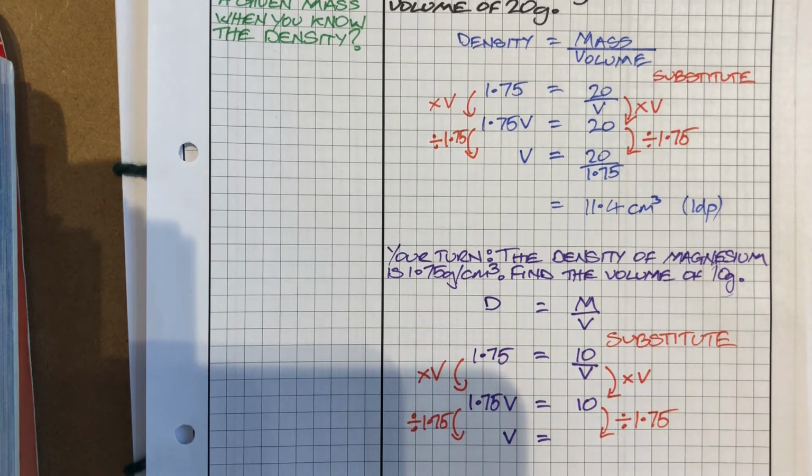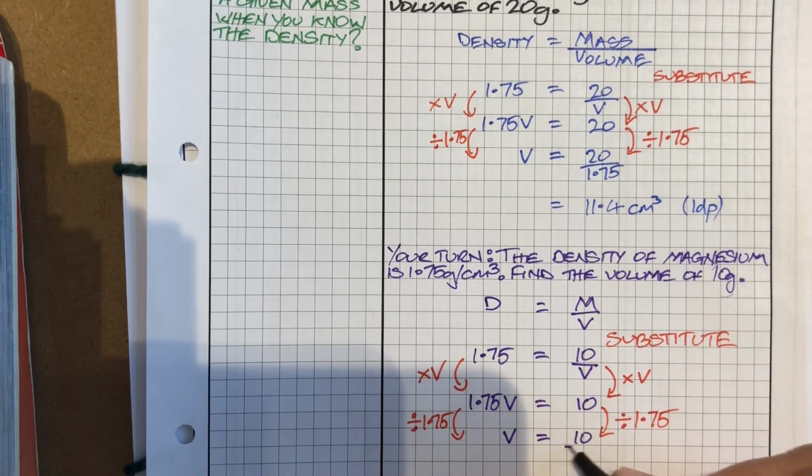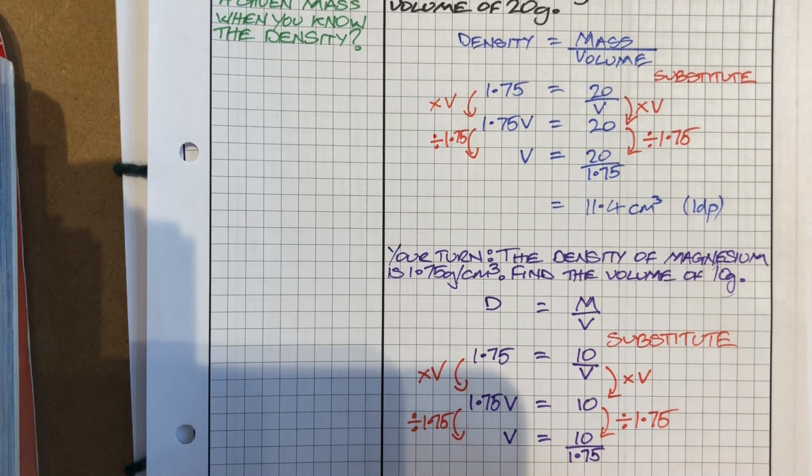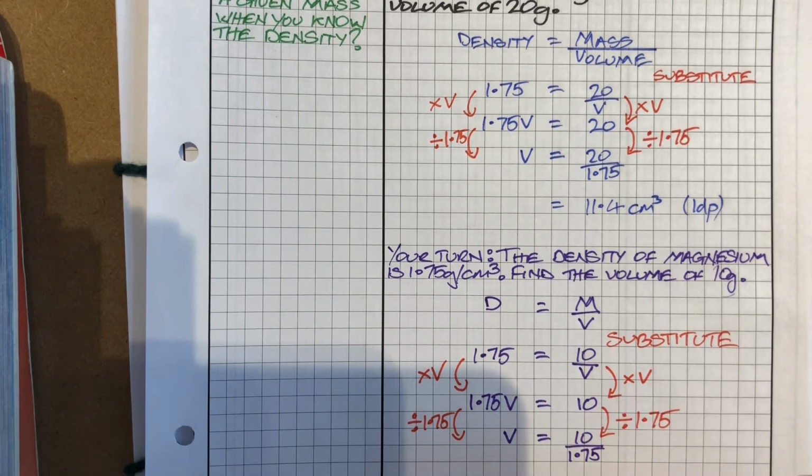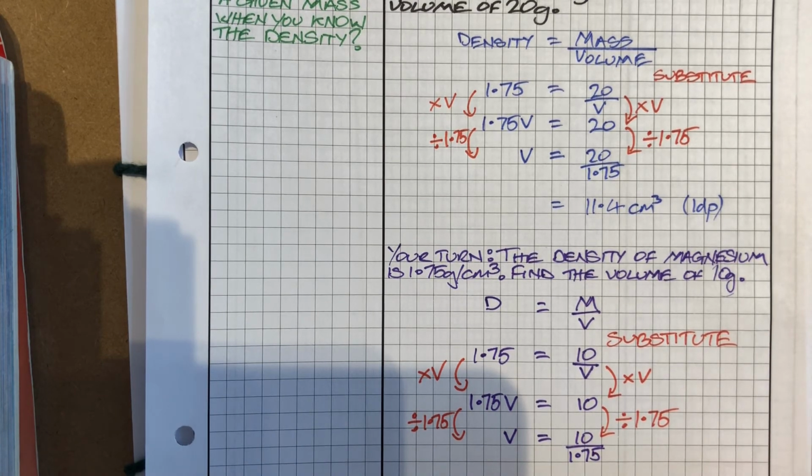So our volume is 10 divided by 1.75, whatever that is. And we'd reach for a calculator at that point, work it out, and it comes out at 5.7 to one decimal place.